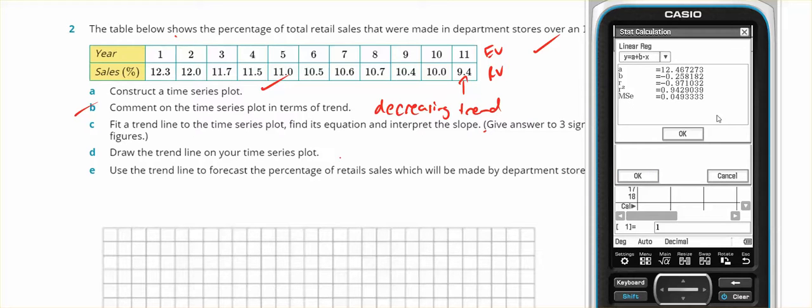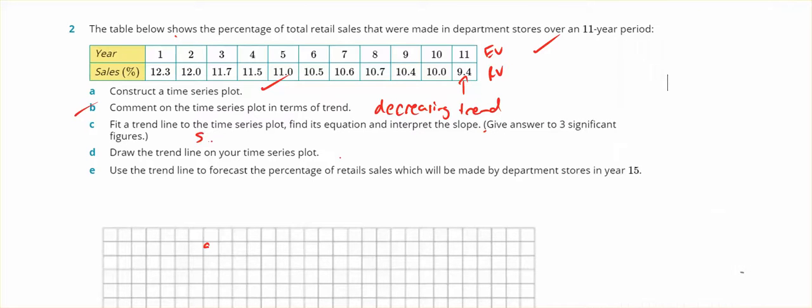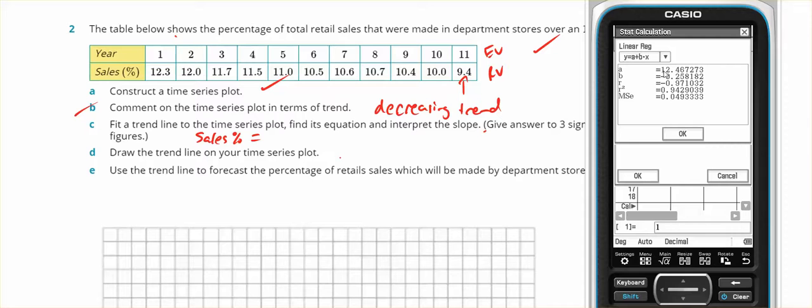Click OK. And we'll write the equation. We know that the response, the sales percentage, is equal to three significant figures. If you look at our a value, it's 12.467.